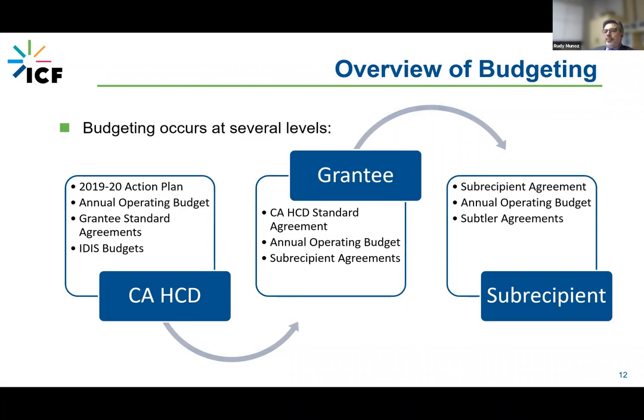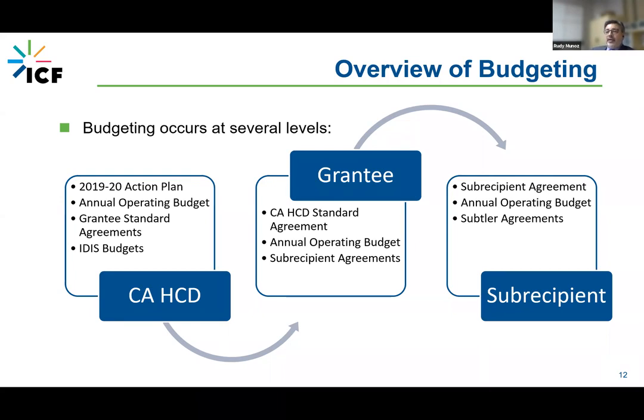For the purpose of the ESG-CV grant, a budget occurs at several levels. You can say that it starts with HCD at the point of the action plan approval.